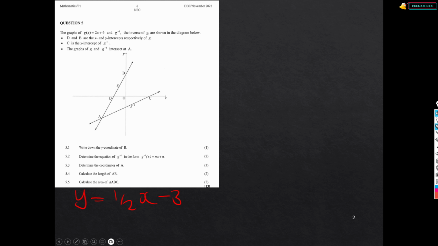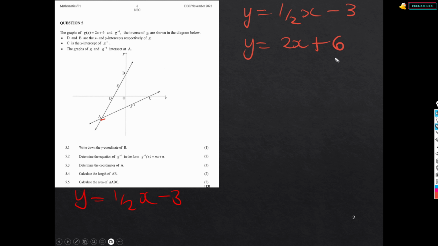Then after that, I'll equate the two equations because they are intersecting somewhere there. So y is equal to 1 over 2x minus 3, right? The other equation says that y is equal to 2x plus 6.